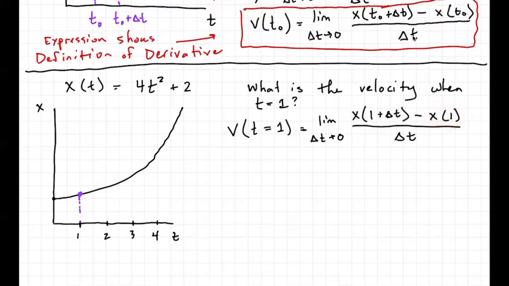I'm actually going to do this in general first, to highlight something. I'm going to use t naught for 1 and do it with variables first and then plug in at the end for a numerical answer.